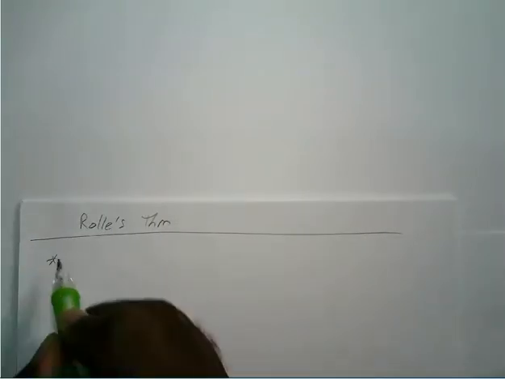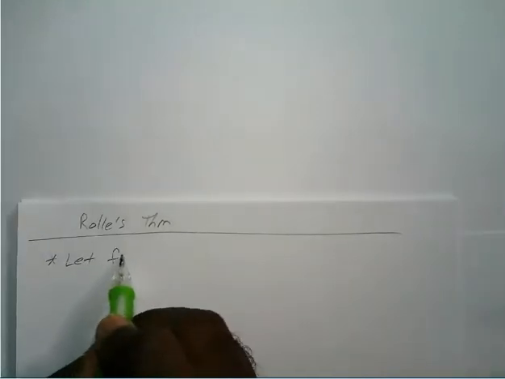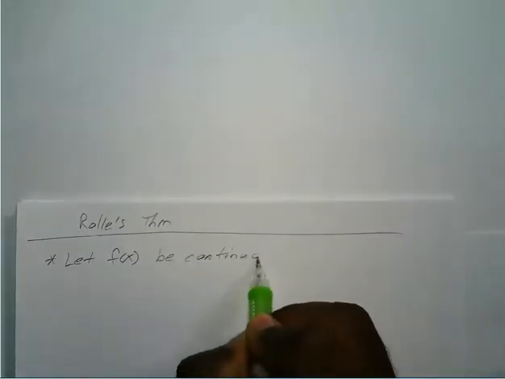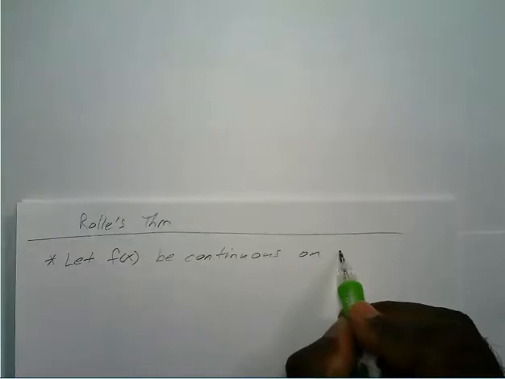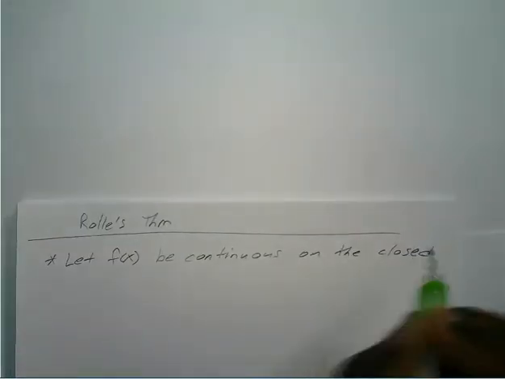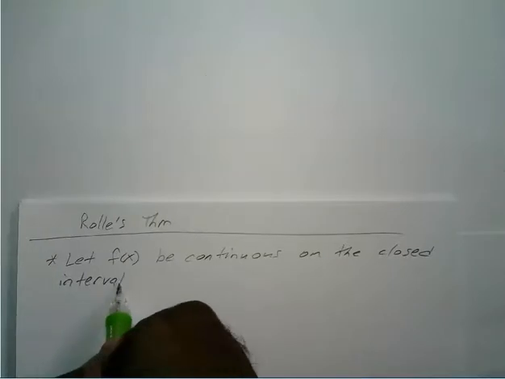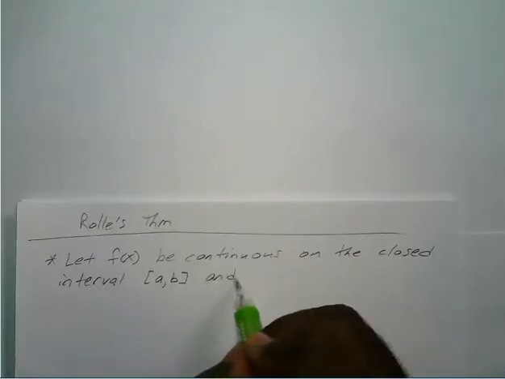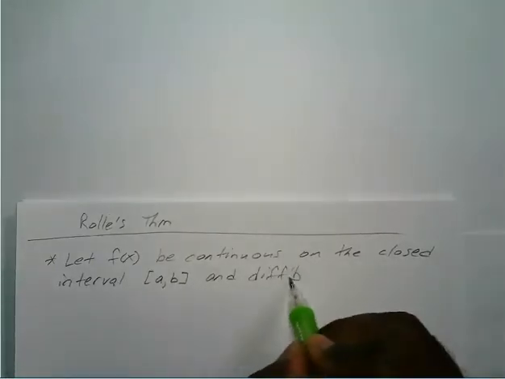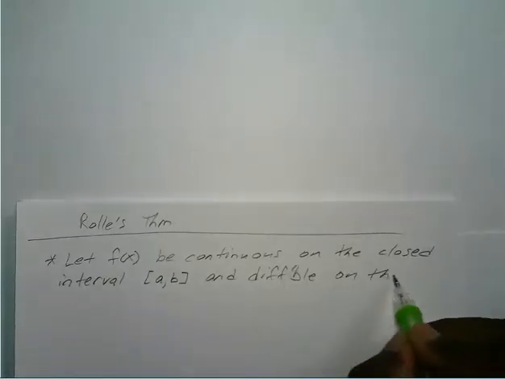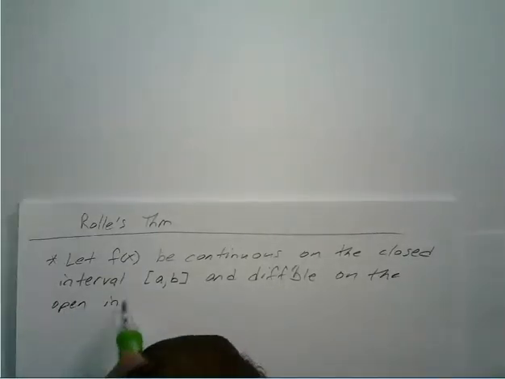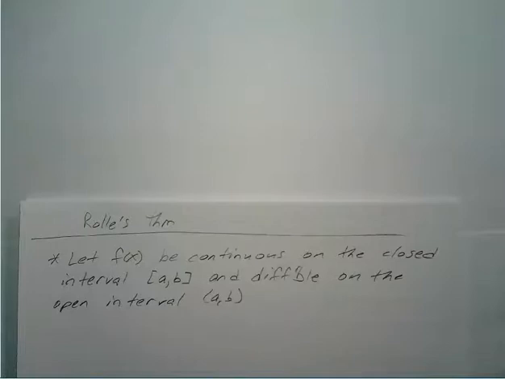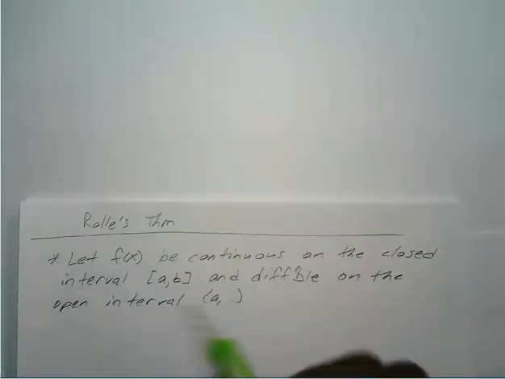Starting off, let f of x be continuous on the closed interval from A to B and differentiable on the open interval from A to B.